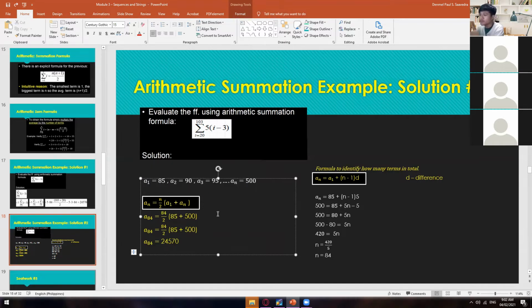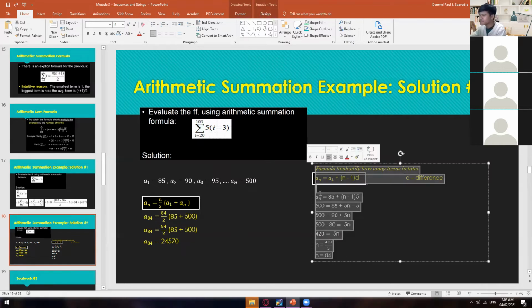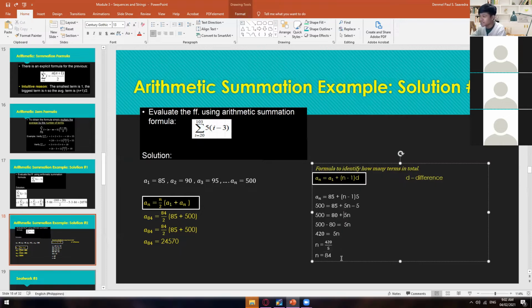For you to be able to get this 24,570, you have to know this formula on how to identify how many terms there are in total. a sub n is equal to a sub 1 plus n minus 1 times d. This is actually the longer format.